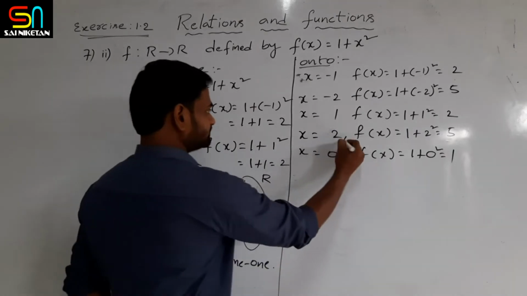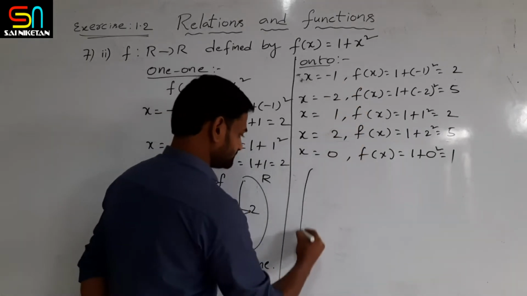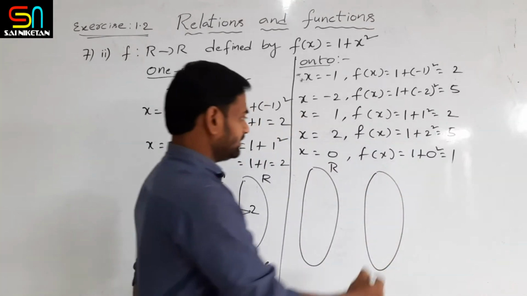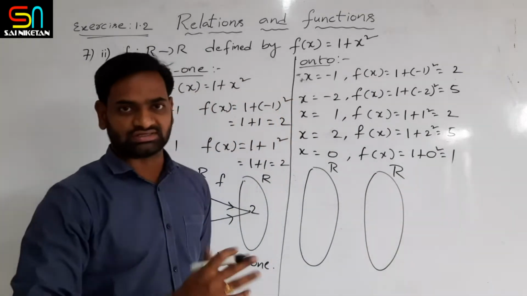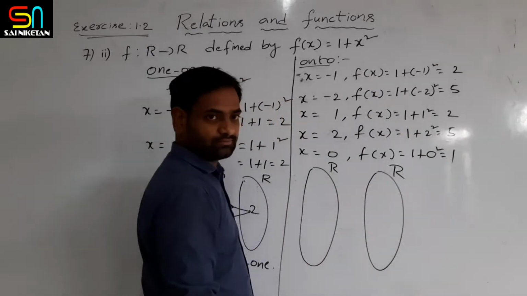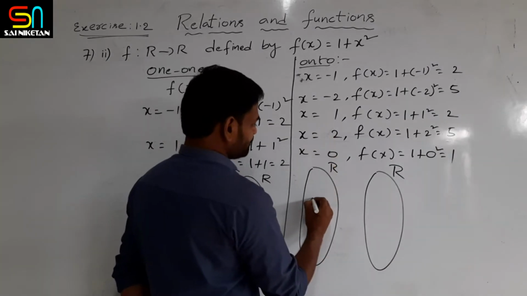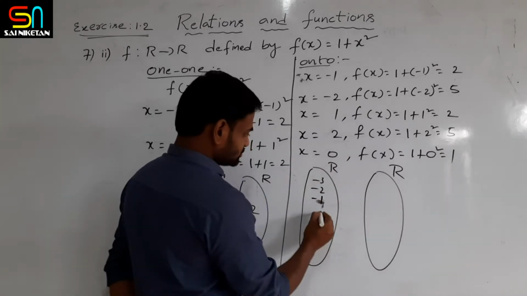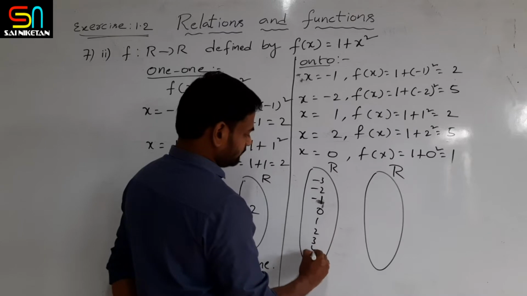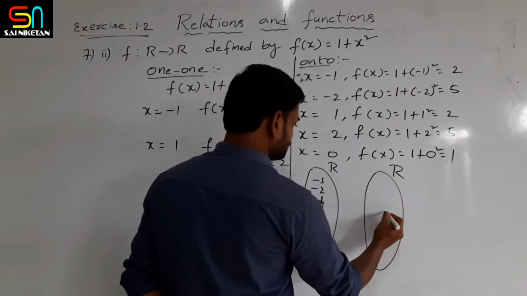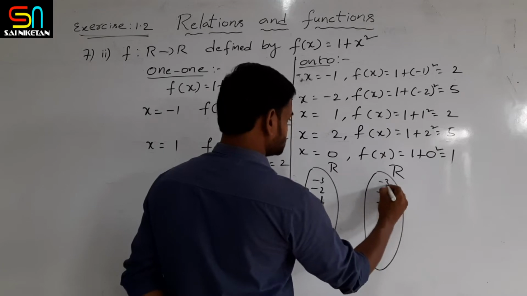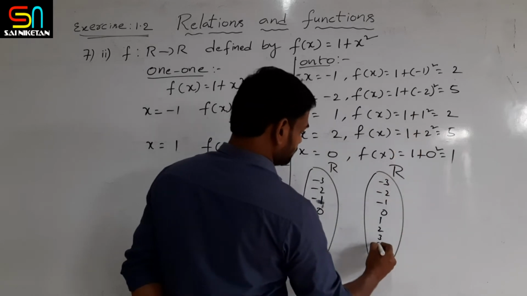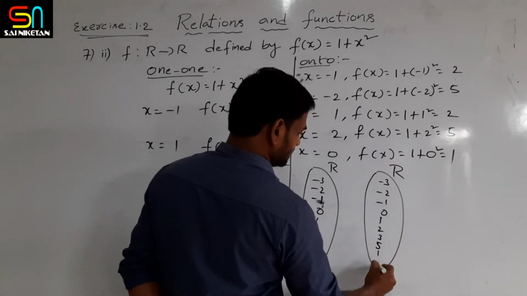Now I am drawing the mapping here. Domain is real numbers and codomain also real numbers, both are same. That's why I am taking the same values in both. Which values? Minus 3, minus 2, minus 1, next 0, 1, 2, 3, 4 and so on. Here also the same.